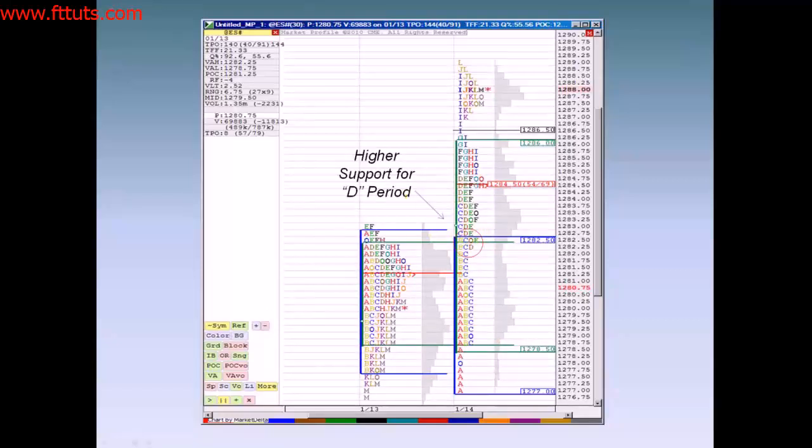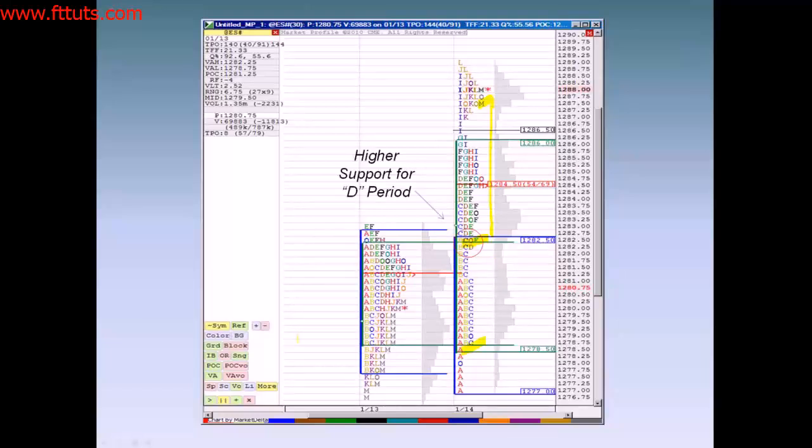Higher support for period D. Periods B and C had to come back to this low level of support, but now we have a higher level. Prices now are comfortable to move on from this point on forwards rather than having to come back and test this. At some other point in time, they are going to come back and test these levels, but not at this point of time or not during that period.